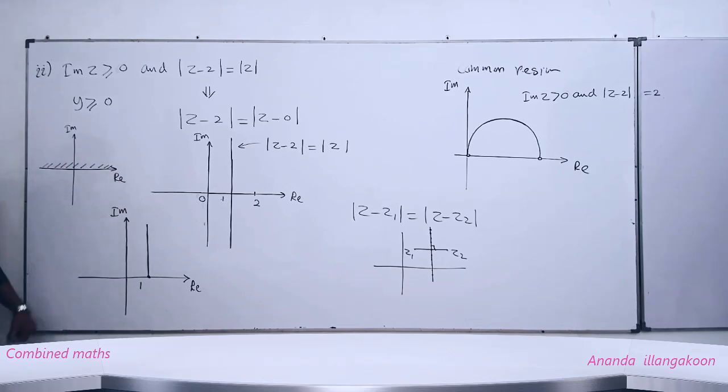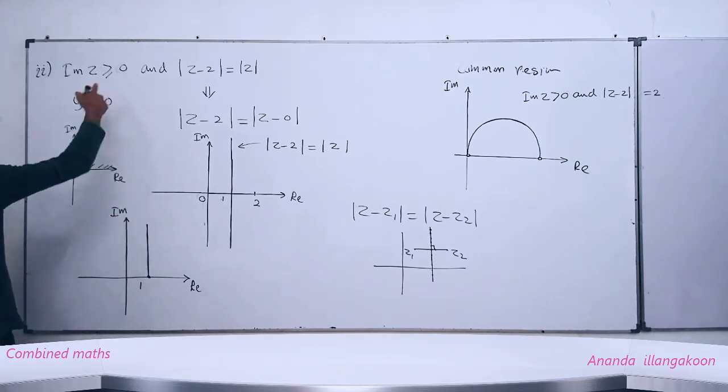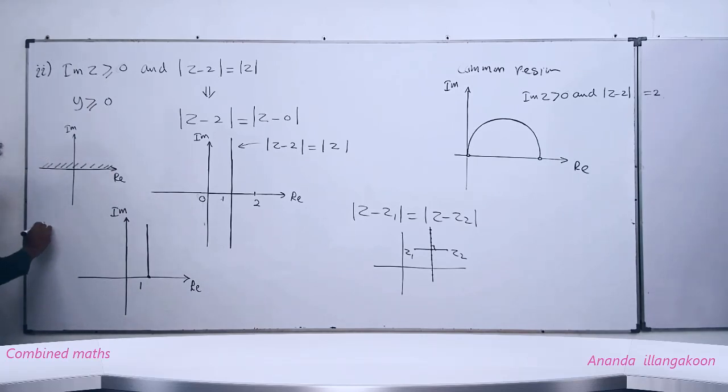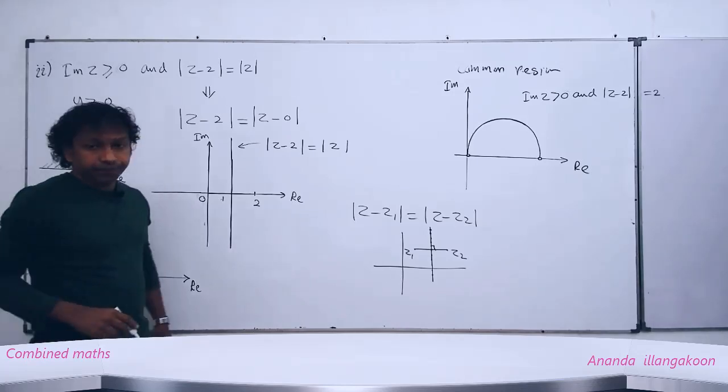This is the common region. So this is the path for both conditions. Right, now, people: imaginary part of z greater than or equal to 0 and mod z minus 2 equals mod z is this path.